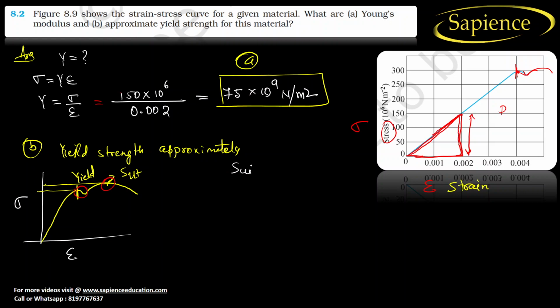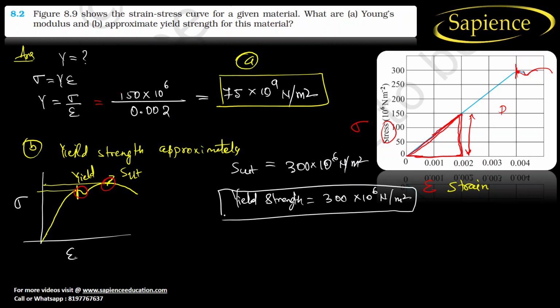We need to find the right choice for the yield strength. The ultimate strength will be 300 into 10 to the power 6 Newton per meter square. And the yield strength, sigma yield, will also be approximately the same value, because I also don't know what will happen in the future.